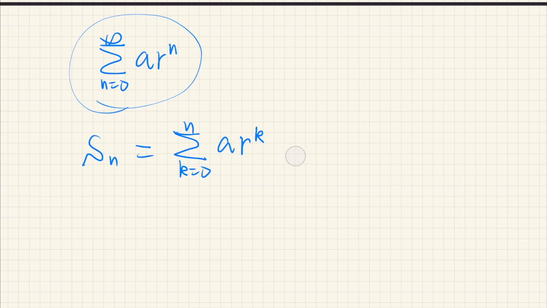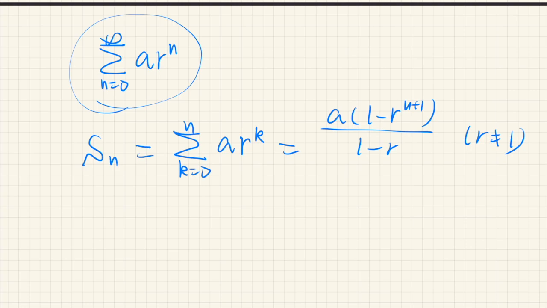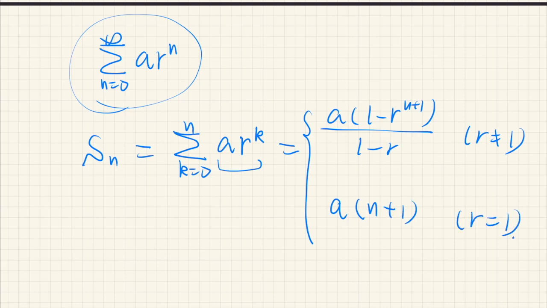As you may know, this is equal to a times (1 minus r to the power of n plus 1) over (1 minus r) when r is not equal to 1. Otherwise, if r is equal to 1, then actually it's not a geometric series here, but an arithmetic series, so it's a times (n plus 1) when r is equal to 1.